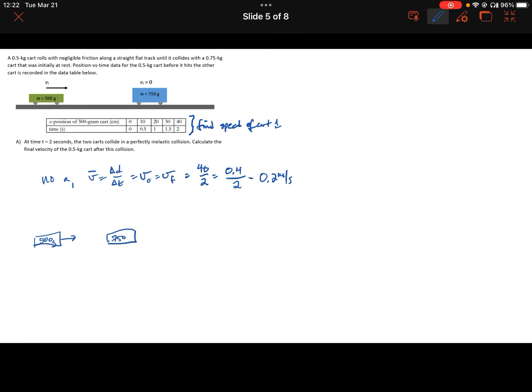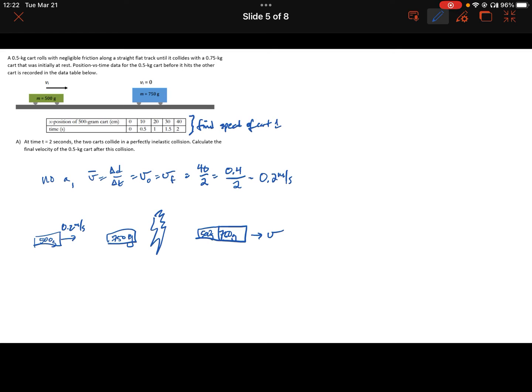We have no velocity of the 750 gram object before the collision. After the collision, they stick together. So we have 500 grams and 750 grams moving at one velocity. This is a perfectly inelastic collision.